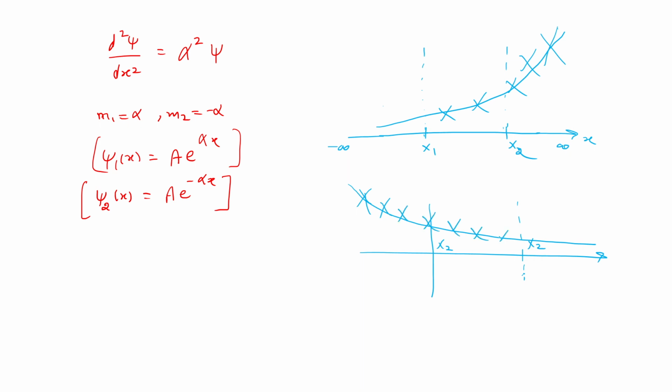Why do we need to cancel? We have discussed a lot that the wave function should not diverge. It should vanish or become zero when it goes to infinity. So here this side is going to infinity, the wave function itself, but this could not be a possibility for a valid wave function. So this side we cannot take for this part, and this side we will not consider for the other case. Okay.